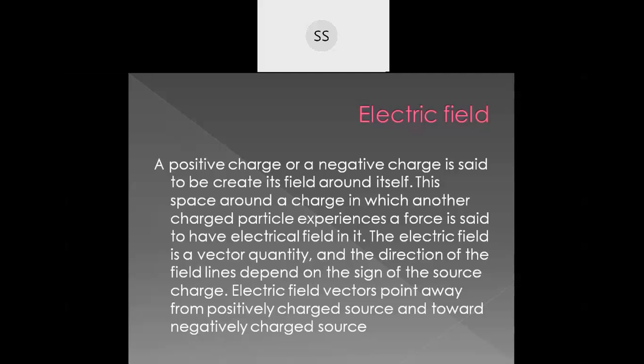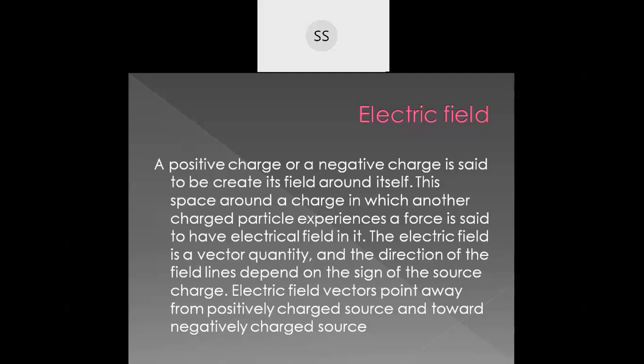So the area around a charged particle up to which it can attract or repel another charged particle is called the electric field of that charge. Electric field is a vector quantity. It has a direction, and the direction depends on the source charge. We are always taking the test charge as a positive charge.